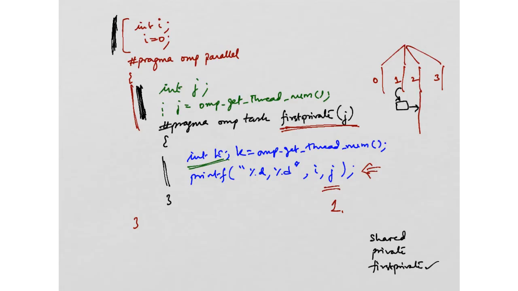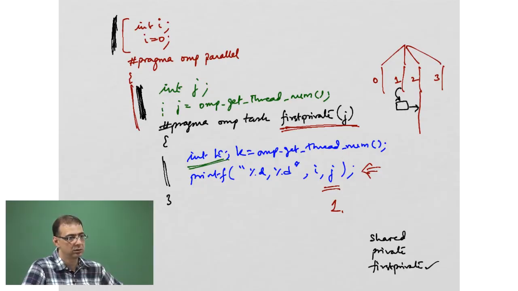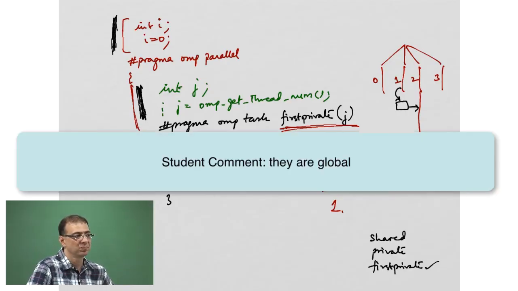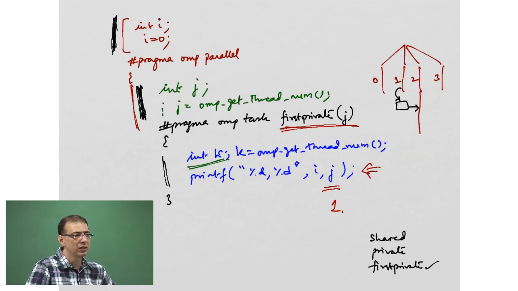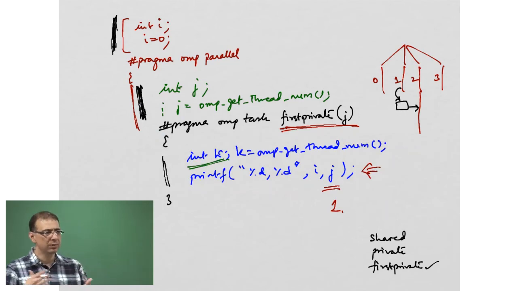All right. So this is the default behavior in tasks. Variables which are declared after hash pragma omp parallel, once the parallel region starts, all of them are treated by default as firstprivate. Okay. All right. What about these variables which are outside the hash pragma omp parallel? They are global. Even the threads were viewing them as global.